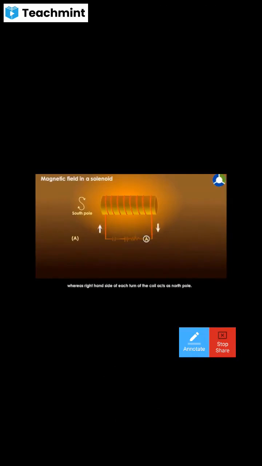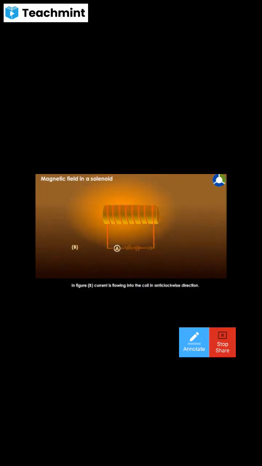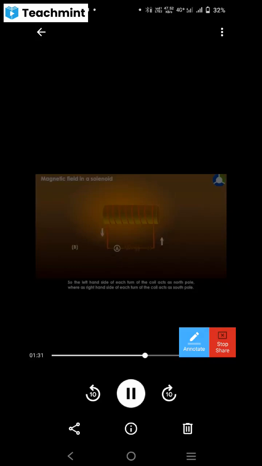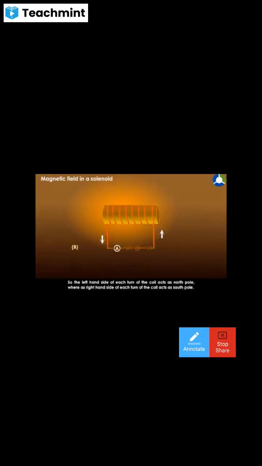Now the current is reversed, anticlockwise current is passed. So which side becomes south now, right side or left side? Right side, sir, south.